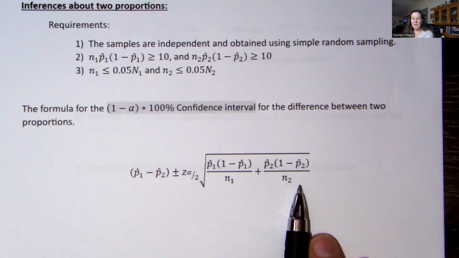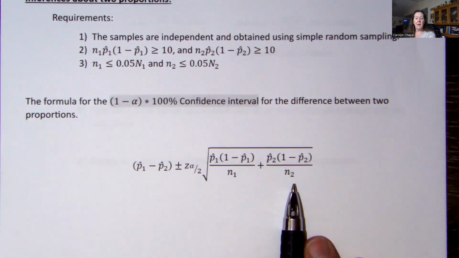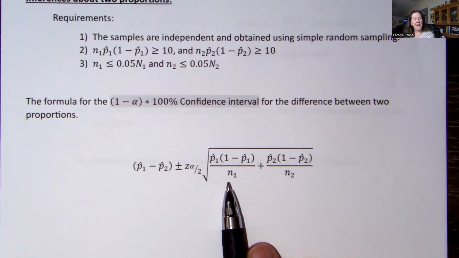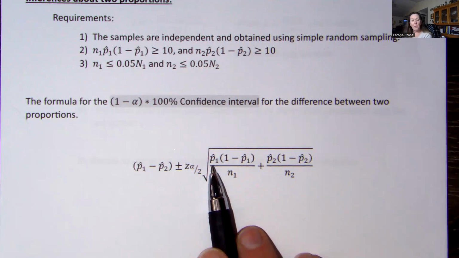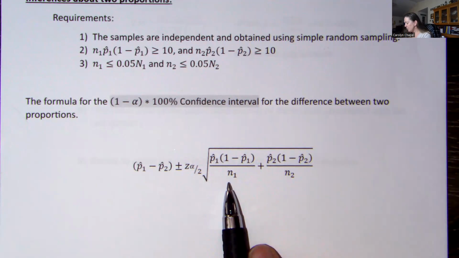And then we have this ugly looking square root thing. And this is one of the reasons why I use technology a lot, is because our formulas do get a little bit uglier and it's so easy to make a computational mistake. So I will be relying a lot on the calculator or the software to help me out, and also to avoid all those mistakes. But we do have our p hat 1 times 1 minus p hat 1 all over the sample size for group 1.